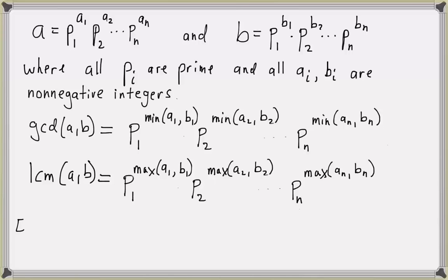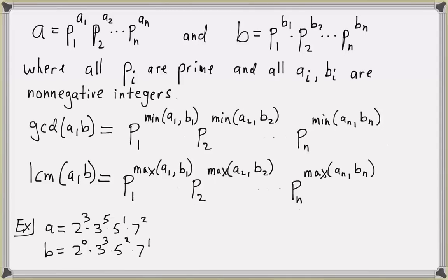So for example, if I have a prime power decomposition for a and b already, say a was 2 cubed times 3 to the 5th power times 5 to the 1st power times 7 squared, and I know that b can be written as 2 to the power 0 times 3 cubed times 5 squared times 7 to the 1st power.